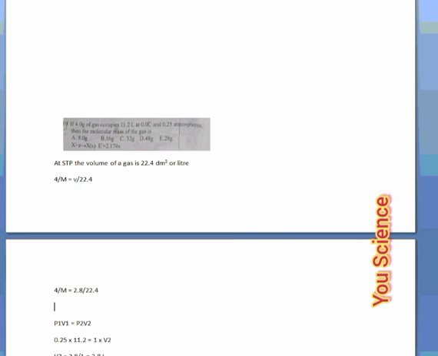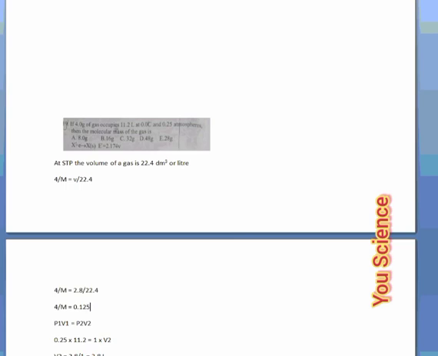So I can say 4 divided by m is equal to 0.125.